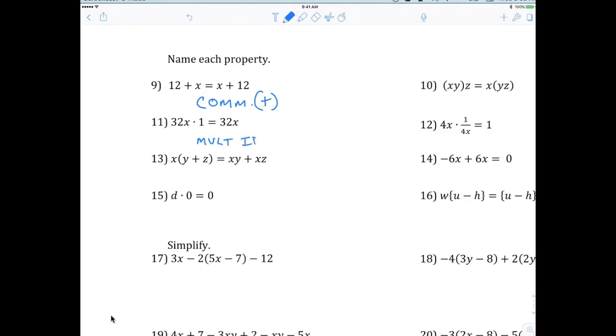Multiplicative identity. 13 is definitely the distributive property. All right, and the zero property. You guys are good with that, it seems like.